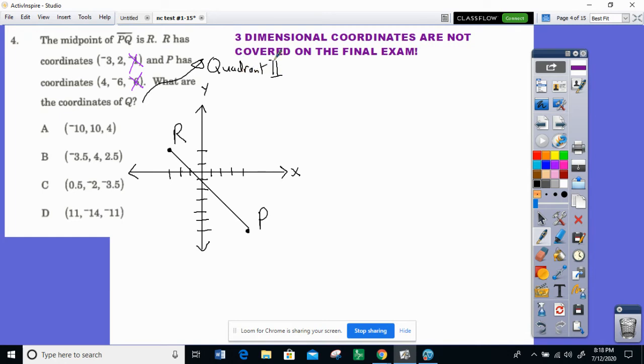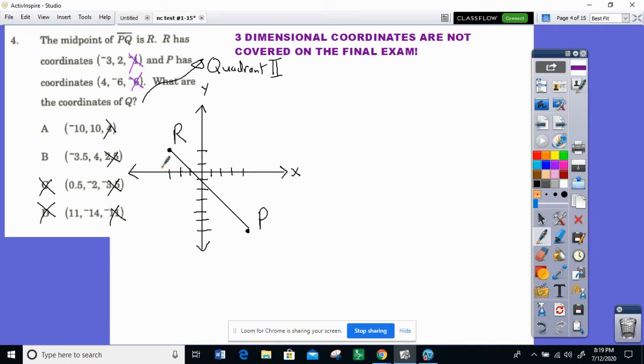So since this is going to be a multiple choice test, we can use some of our multiple choice tricks to help us. Anything that's not in quadrant 2, we can get rid of, such as C or D. And really, you can get that the answer is A just by thinking about the reasonability.